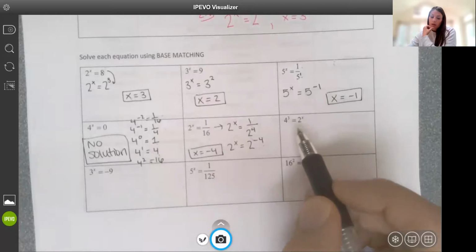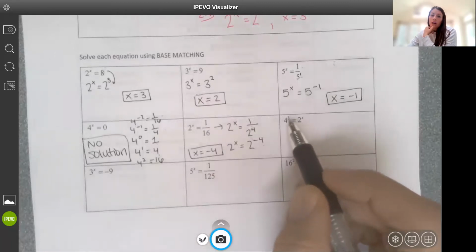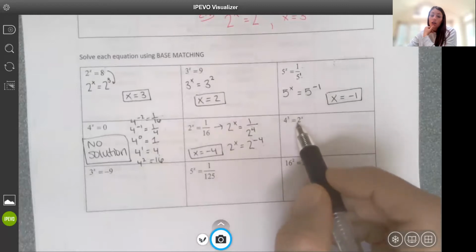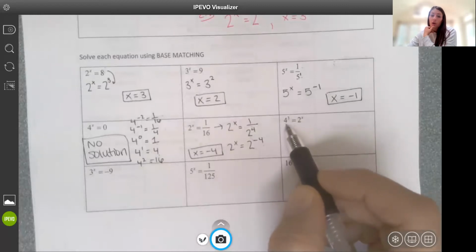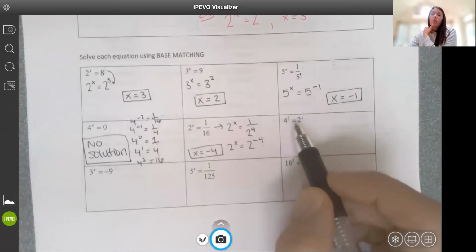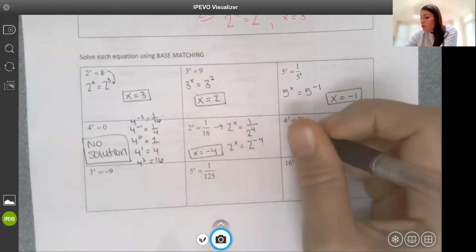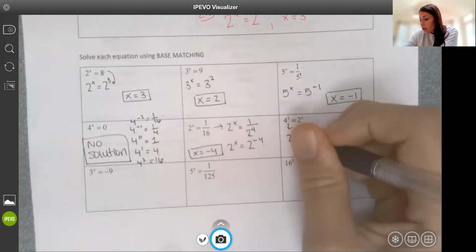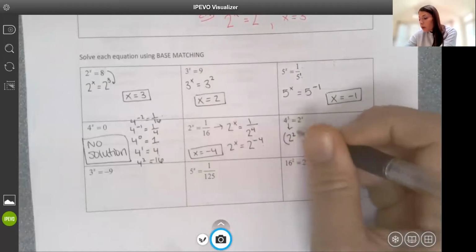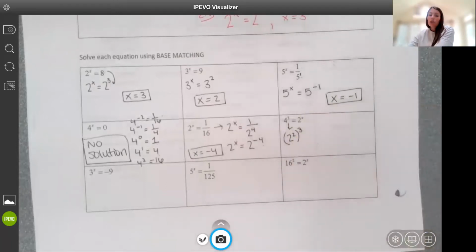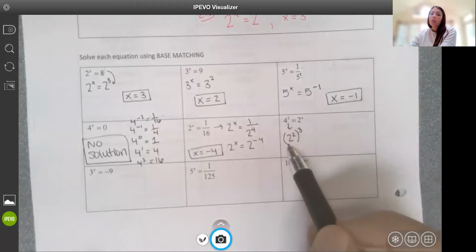On our next one, notice that I have a 2 here. I can't rewrite 2 as a base of 4, but I can rewrite 4 with a base of 2. So I'm going to take 4 and write it as 2 squared, but that 4 was being cubed, and this is where our properties of exponents come into play.